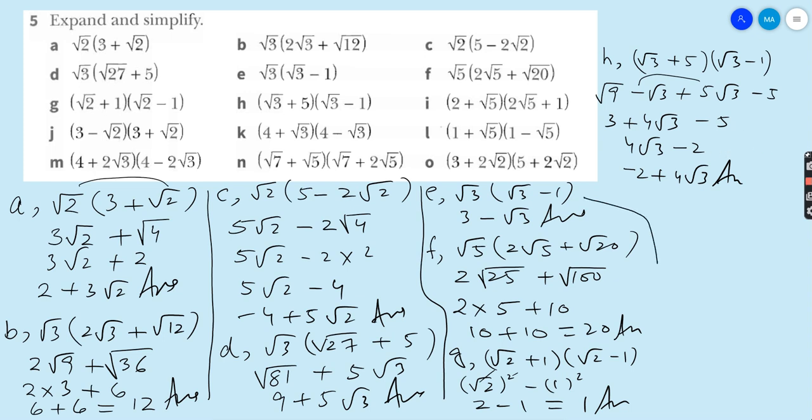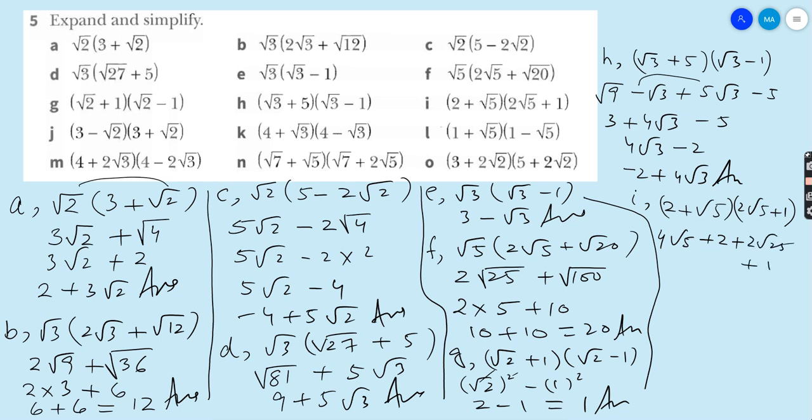Come to part I. Part I is 2 plus root 5 into 2 root 5 plus 1. Again, ordinary multiplication. 2 into 2 root 5, 2 fours are 4, 4 root 5. 2 ones are 2, plus root 5 into 2 root 5, 5 fives are 25, so 2 root 25.